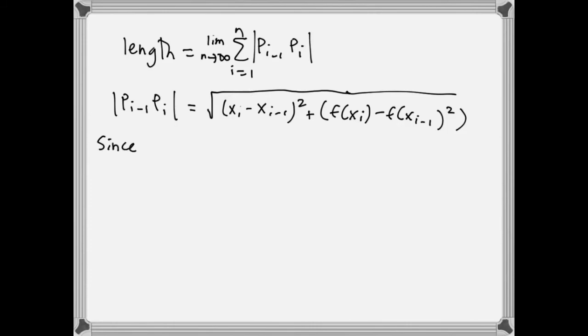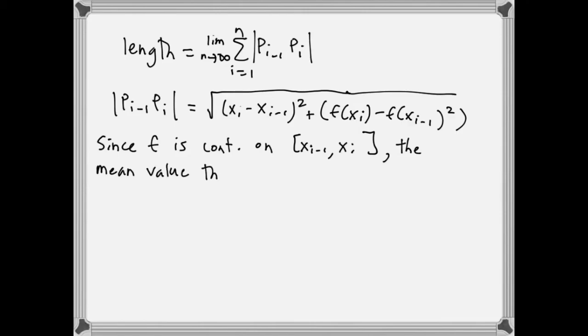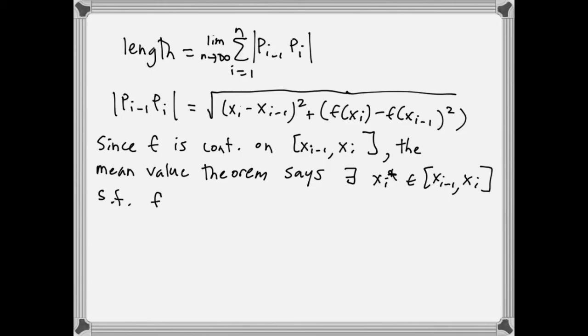So since f is continuous on x_{i-1}, x_i, the mean value theorem says there exists some x_i star somewhere between x_{i-1} and x_i such that f prime of x_i star is equal to the slope of the secant line.